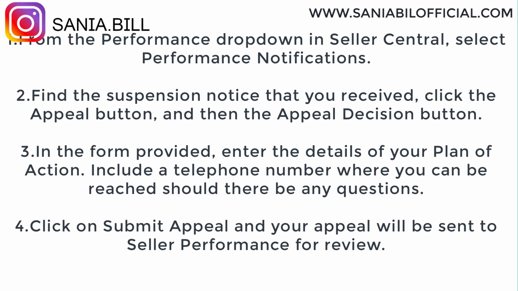Find the suspension notice that you received. Click the appeal button and then the appeal decision button. In the form provided, enter the details of your plan of action, like the email we wrote. Include a telephone number where you can be reached, in case they have any questions. Click on submit appeal and your appeal will be sent to Amazon Seller Performance for review.